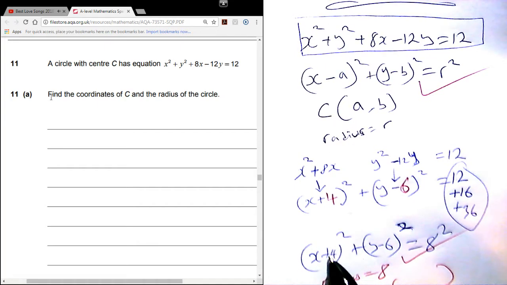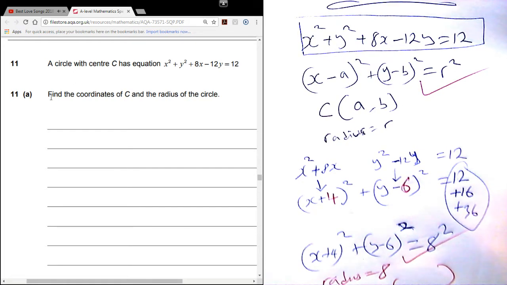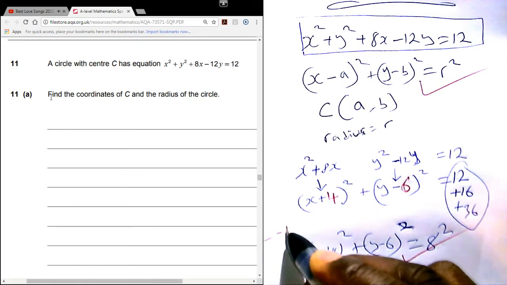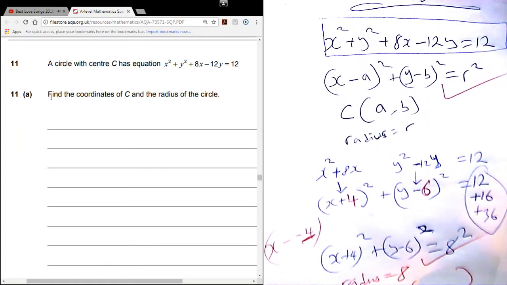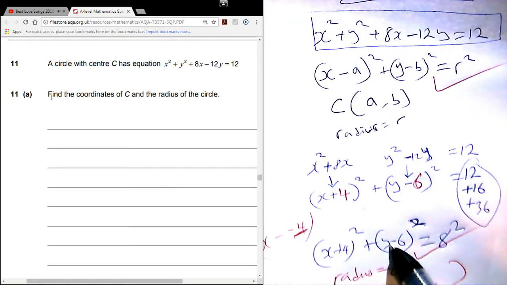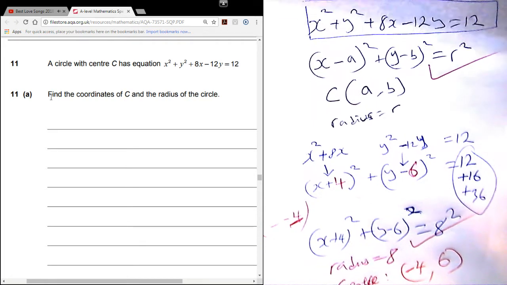But it's not x minus 4, is it? It's x plus 4. So where's that something? Well, x plus 4 is x minus minus 4. So x minus minus 4 means that this other minus 4 is the x coordinate. And for y minus 6, thank God we already just have the minus there already. So 6 alone is the y coordinate.